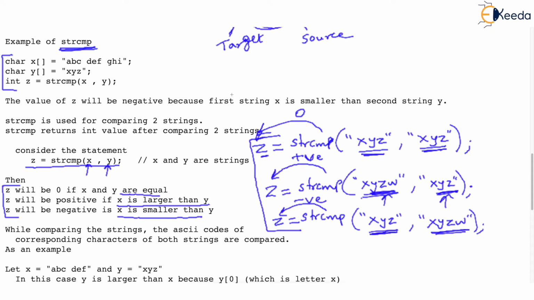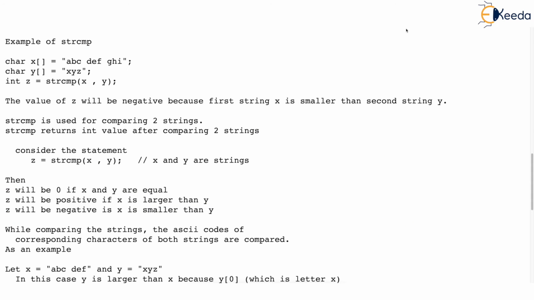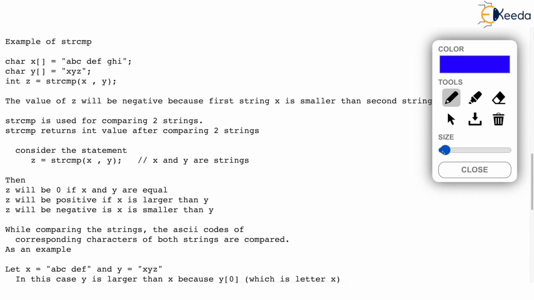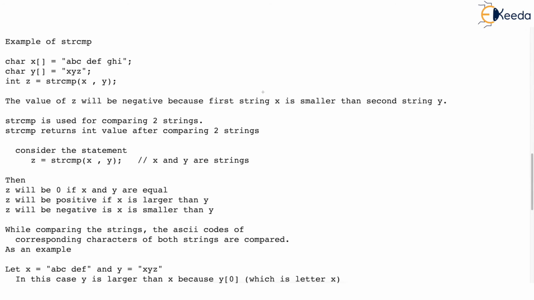So now have a look at this puzzle. The example given in the slide over here is we have an array which stores a string ABC space DEF space GHI, and the other string is XYZ. So I'll better write it here. Check that. x is ABC DEF GHI, this is the string, and y is XYZ.